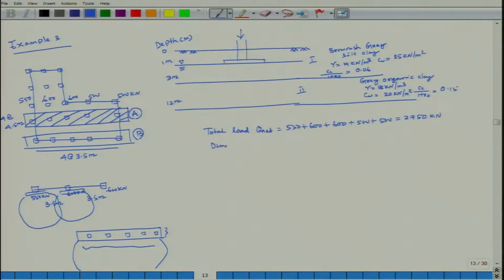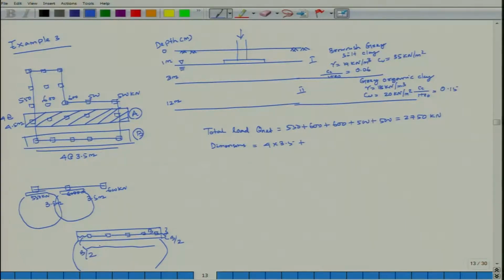Look at how I am taking it. 4 into 3.5, because this spacing, this spacing, this spacing, this spacing are completely included. 4 into 3.5 plus, here, if this is my B, it will generally be taken as B by 2.